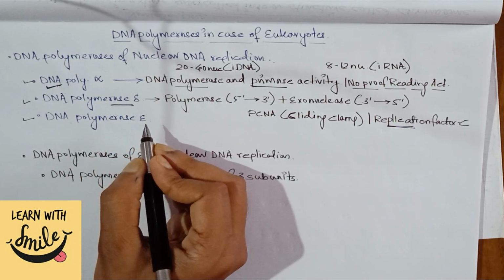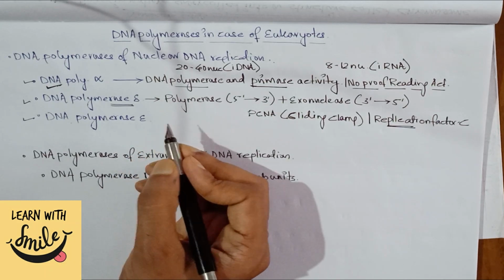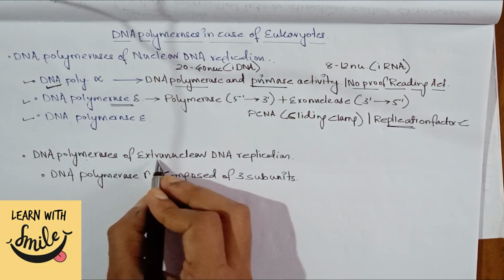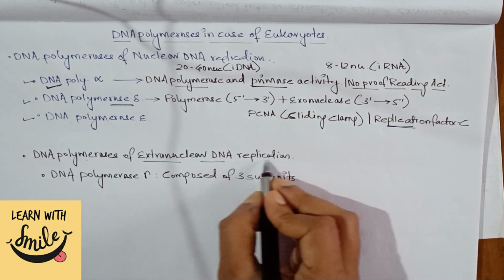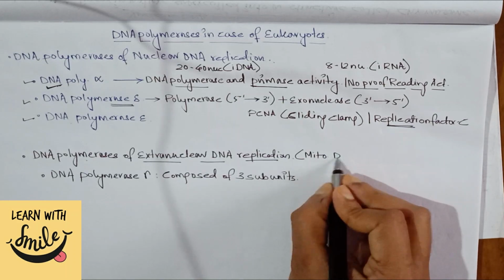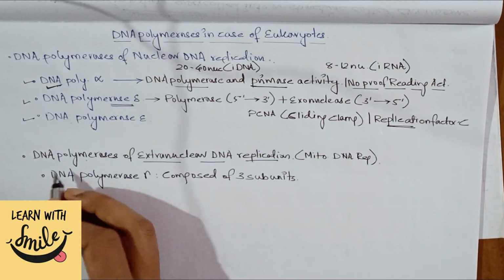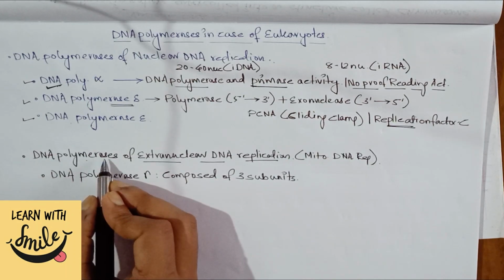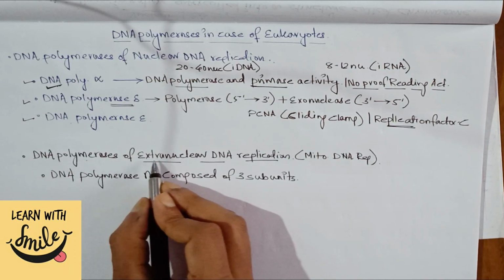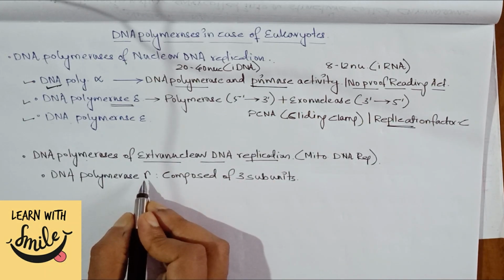Now, having understood this, let us also understand the second class of DNA polymerases which play a pivotal role in extranuclear DNA replication, that is, in mitochondrial DNA replication. The DNA polymerase which plays a pivotal role during extranuclear DNA replication is known as DNA polymerase gamma.